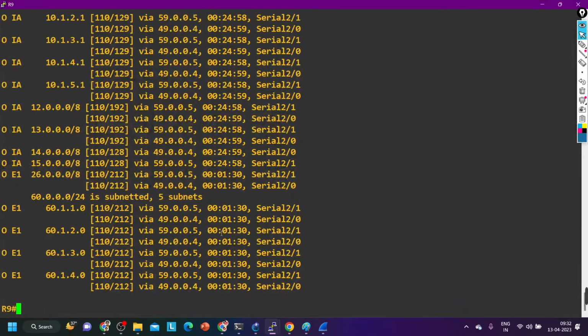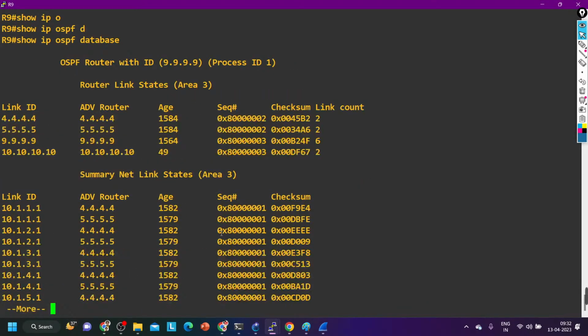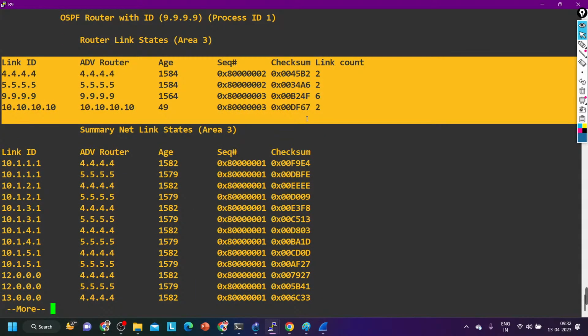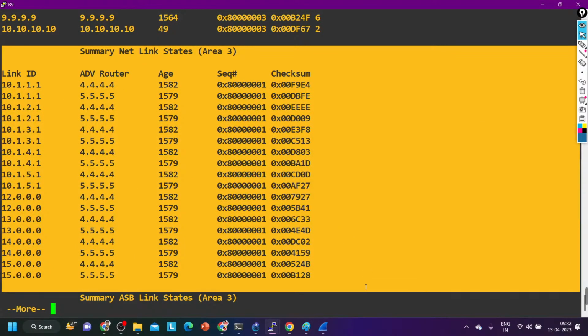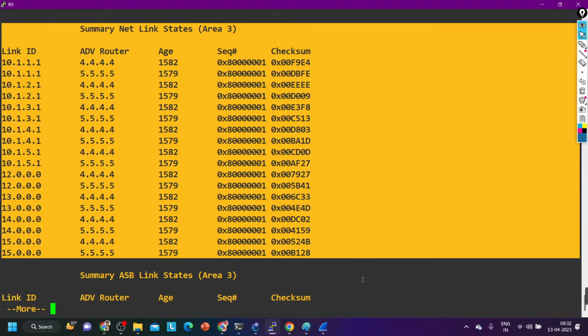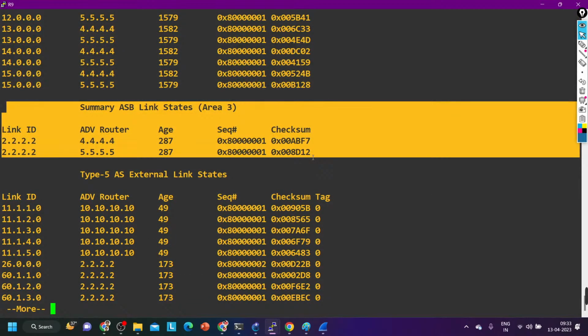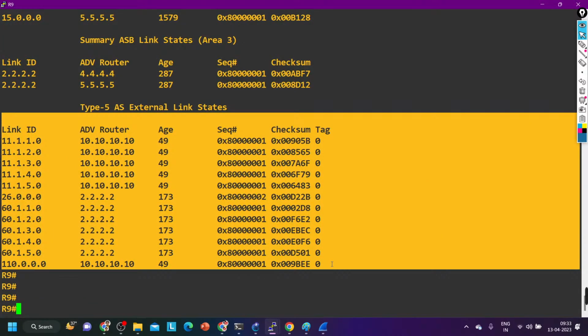Now you can see the size of the database. So, show IP OSPF database. These are LSA 1 of area 3. These are LSA 3. These are LSA 4 and these are, guys, LSA 5. Yes or no?